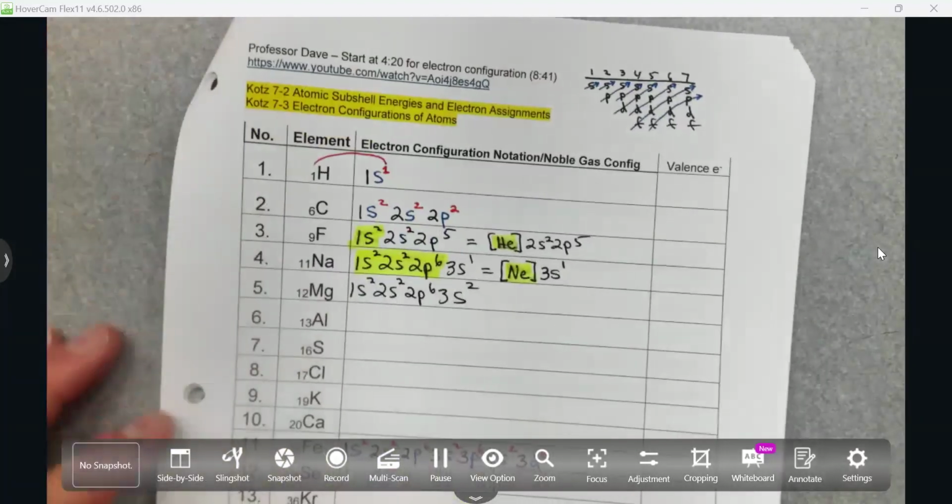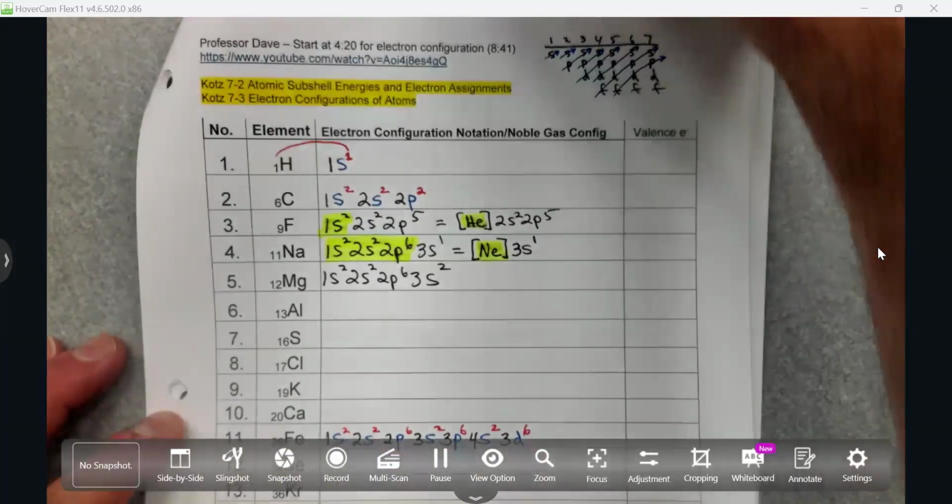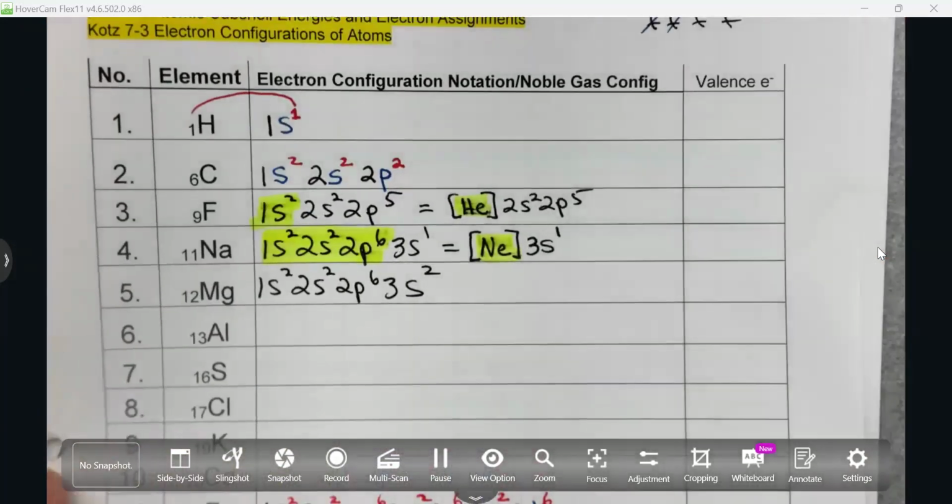Okay, so now I'm going to go back to this page, which is our electron configuration notation.